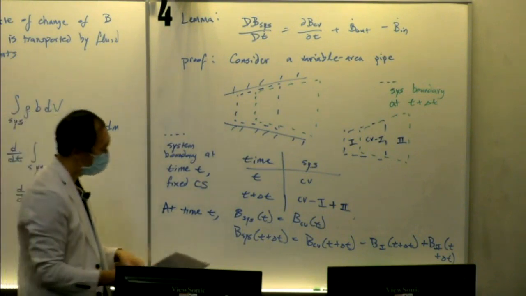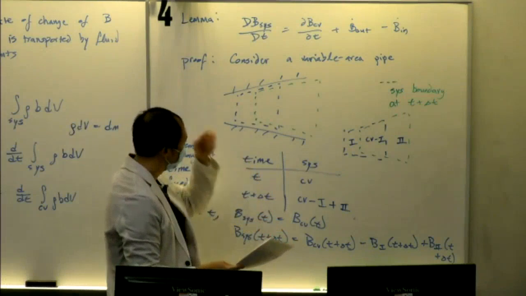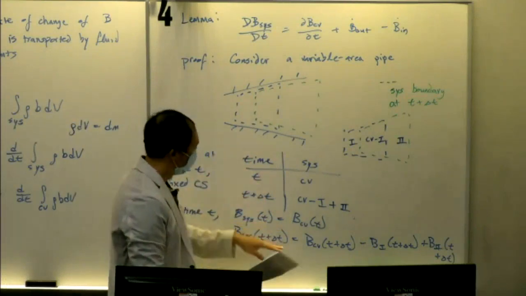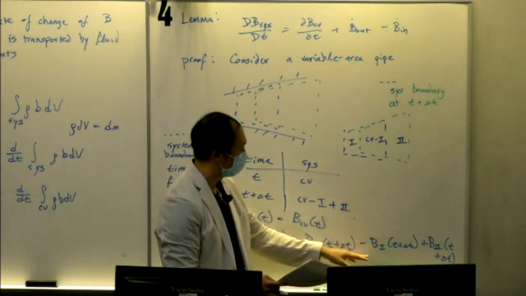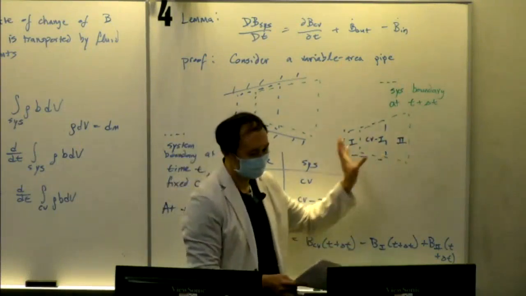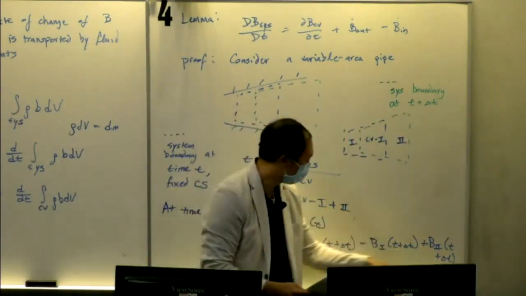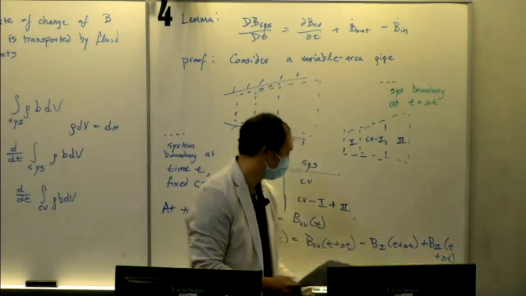But I got some errors. Because of my control volume, I've got to subtract out the part 1 because the system's no longer there. And I've got to add the part that the system has moved to the right. That's what this error term means, minus B1 plus B2.